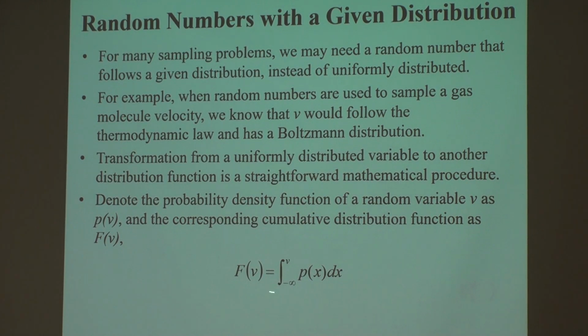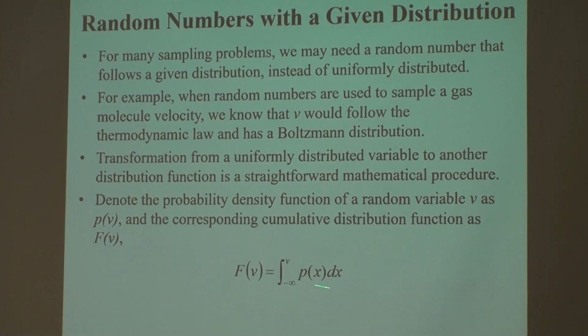It's nothing but the integration from minus infinity to V of your probability density function. P is the probability density, telling you the probability of V happening. The CDF is the first integration of that.